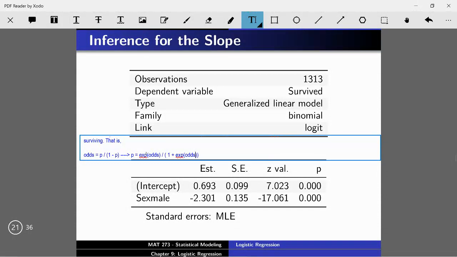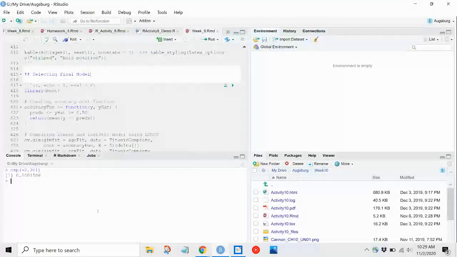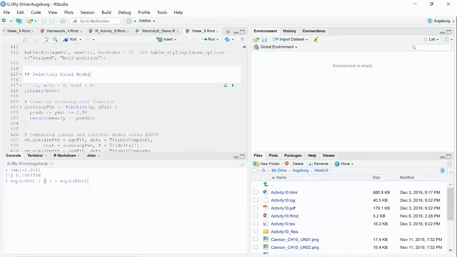Go through the algebra to solve this. This is what you'll find. So if we look at that in R, we substitute the estimated odds here.